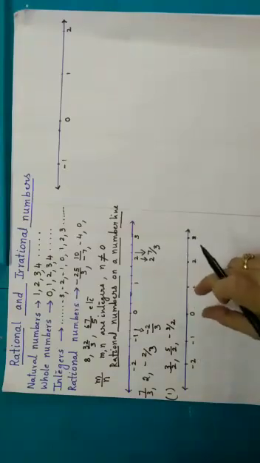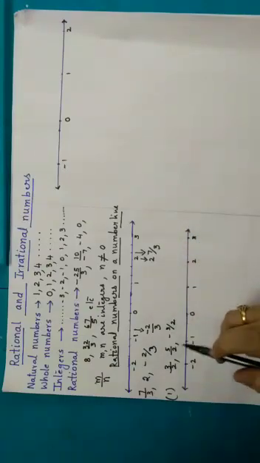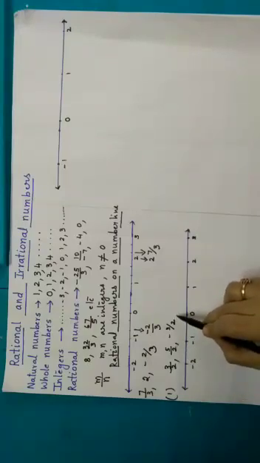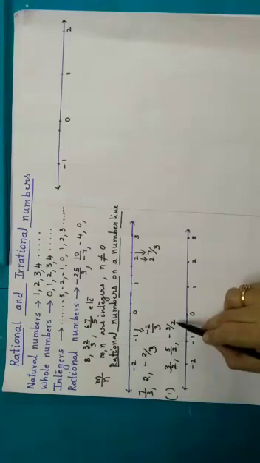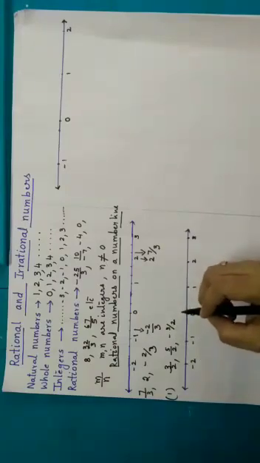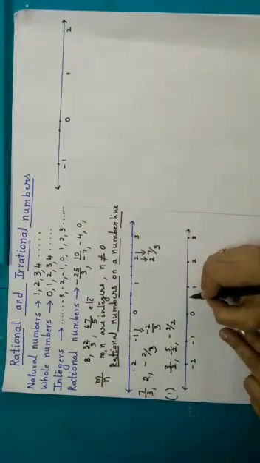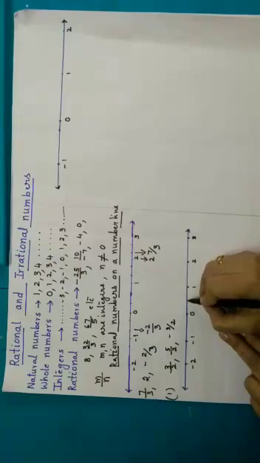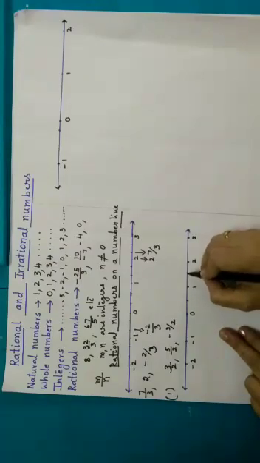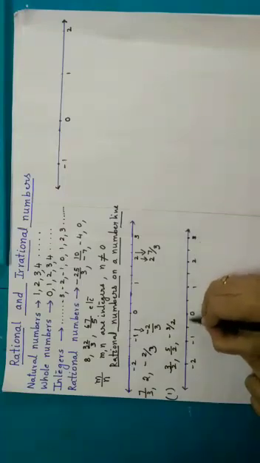Each unit should be divided into how many parts? That depends upon the denominator of the given rational number. Here, what is the denominator? Denominator is 2. So each unit will be divided into 2 parts. 0 to 1, 2 parts. 1 to 2, 2 parts. 2 to 3, 2 parts. Like that, each unit will be divided into 2 parts.